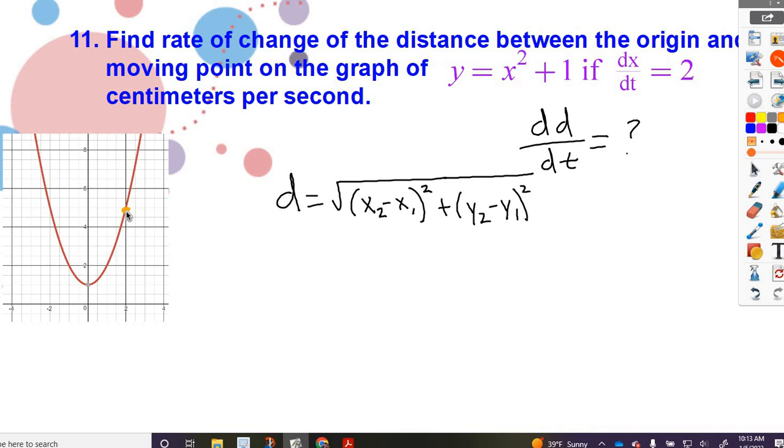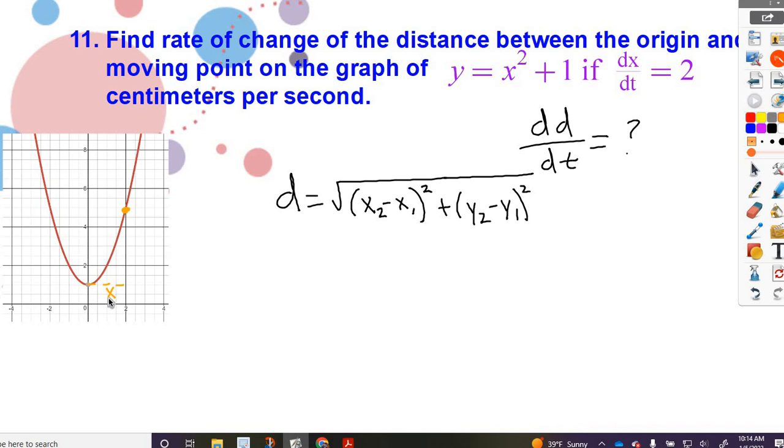The change in x. Are we all with me? And then y2 minus y1 is the change in y. You know with me? So, yeah, we do. At any point along there, my change in x is really just going to be whatever x value that is, right?